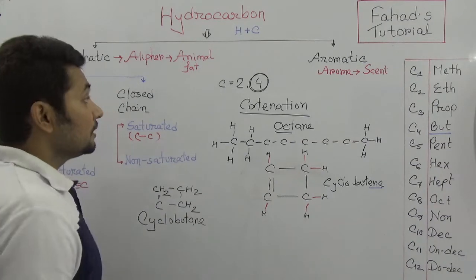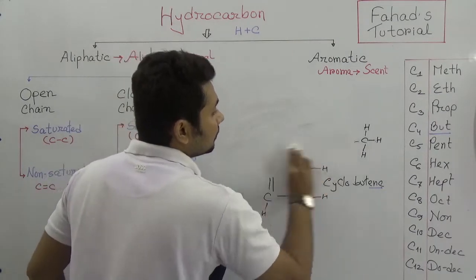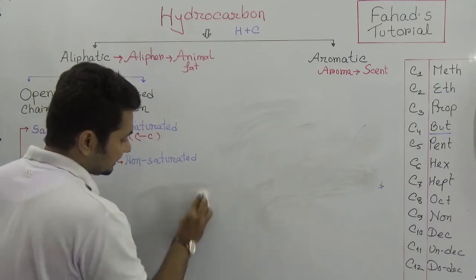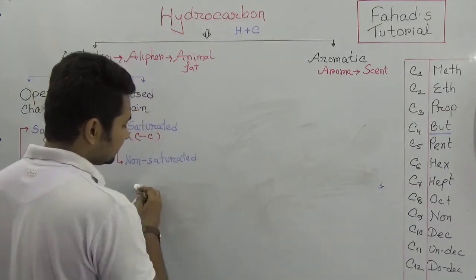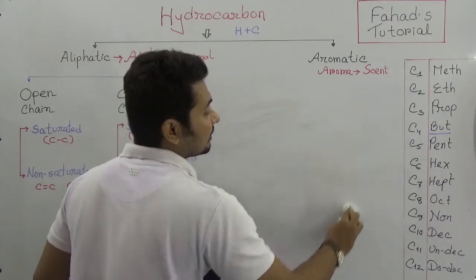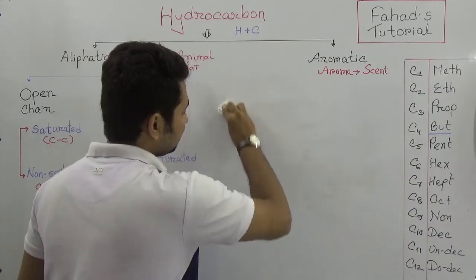Okay, so when carbon creates this long chain because of the catenation property, and this catenation is one of the main reasons that the number of organic compounds is much more than the inorganic compounds.